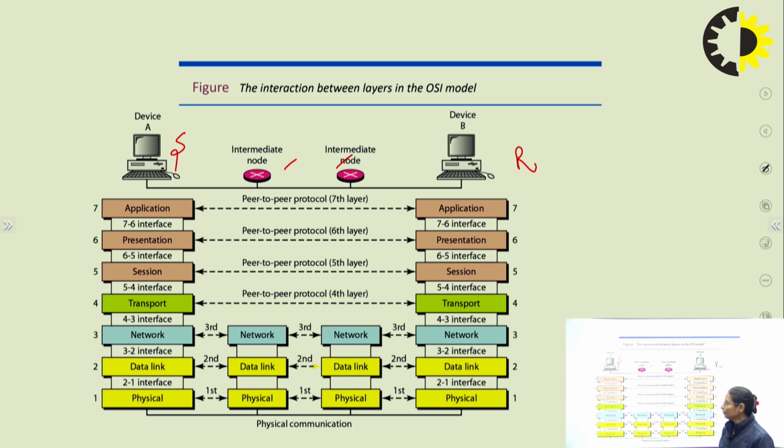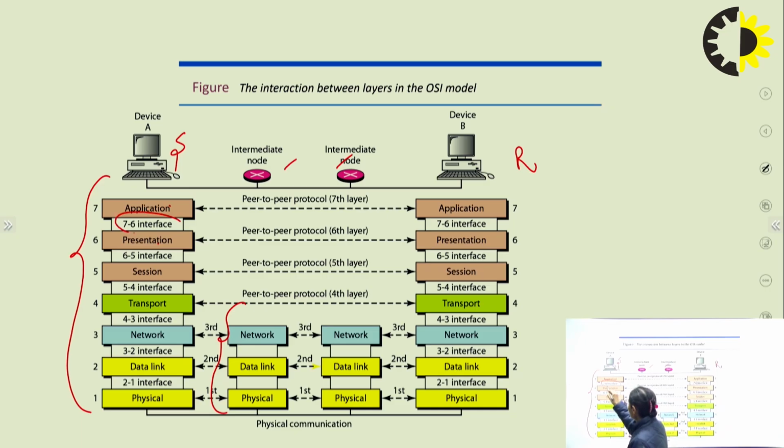Now, at both the devices, all these layers are active, but at the network devices acting as intermediary nodes, only three layers are active: physical, data link and network layer. Between the application and presentation layers, the interface is known as the 7/6 interface.